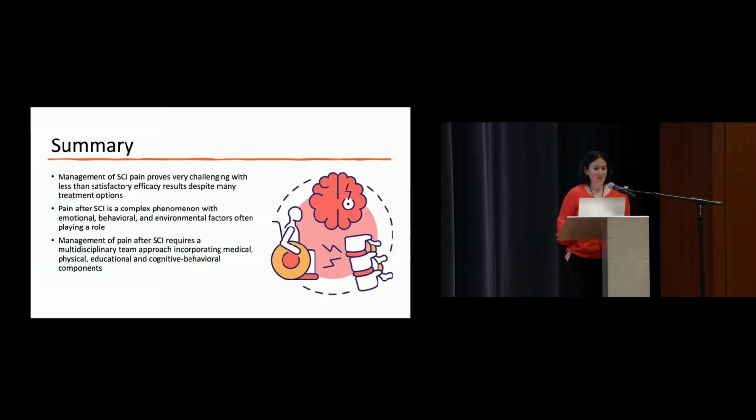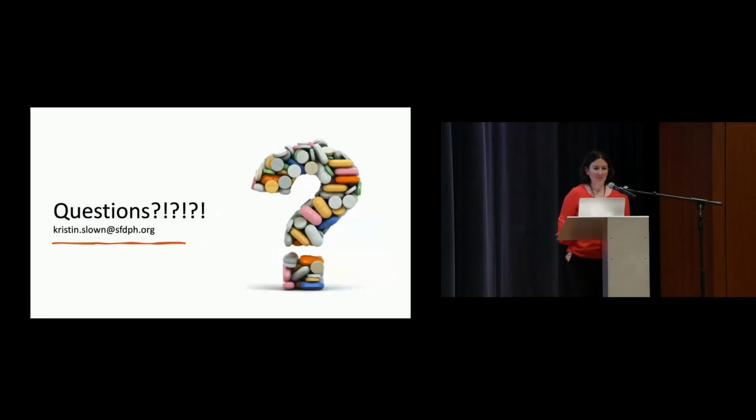So with that, we know that spinal cord injury pain is very challenging to treat. It's complex, has a lot of other behavioral and environmental factors that play a role, and the management should involve a multidisciplinary team approach. And with that, I'll answer any questions.